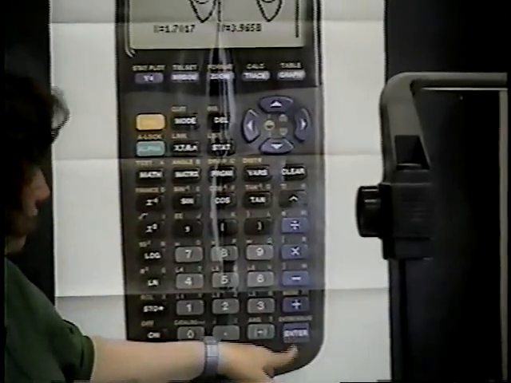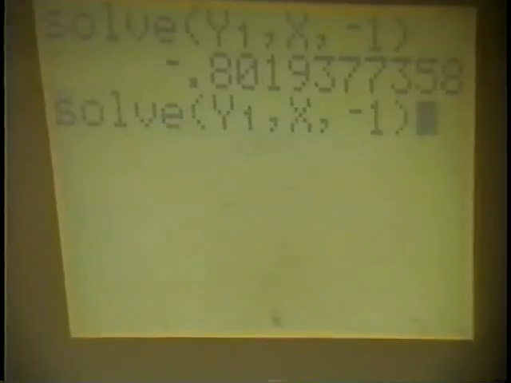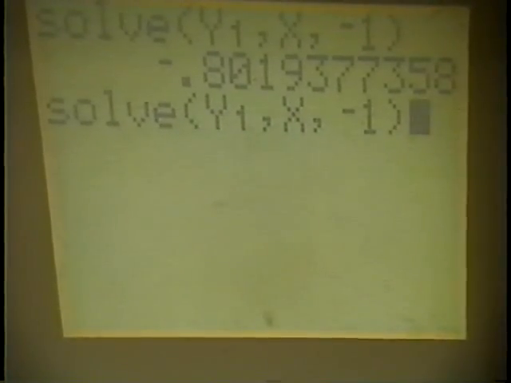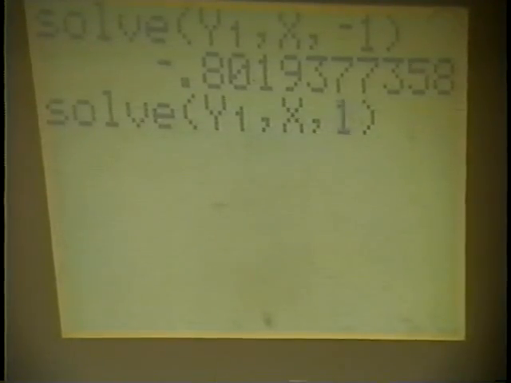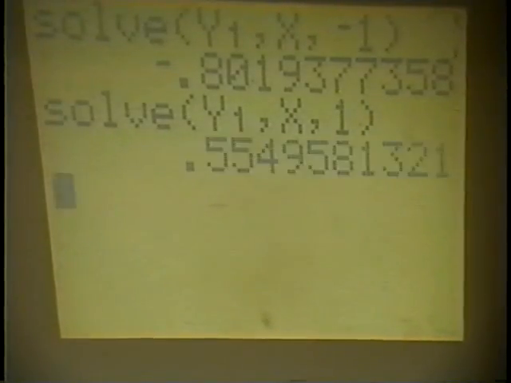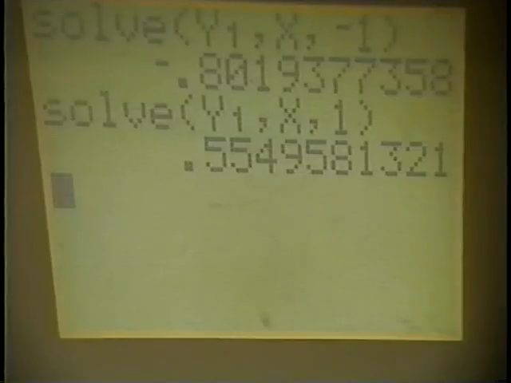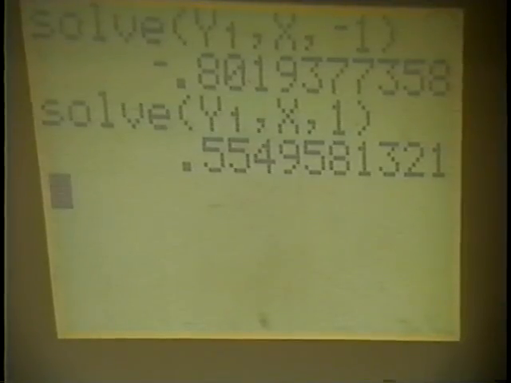Second and enter. So I'm going to do that. Second and enter. And that feeds me the last thing that I fed into the calculator. Now I'm going to go back and I'm going to delete the minus sign there. So now I'm going to say, okay, now my guess is 1. I've edited that, hit enter. It immediately gives me the 0.555, which was the middle root.